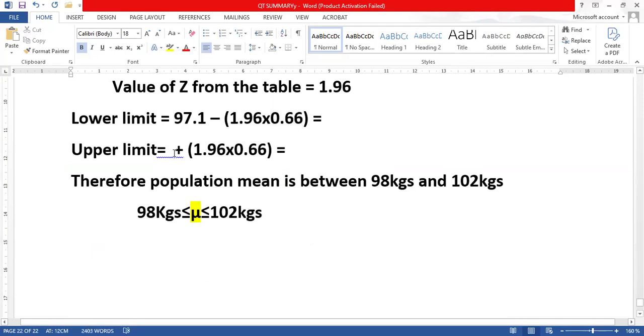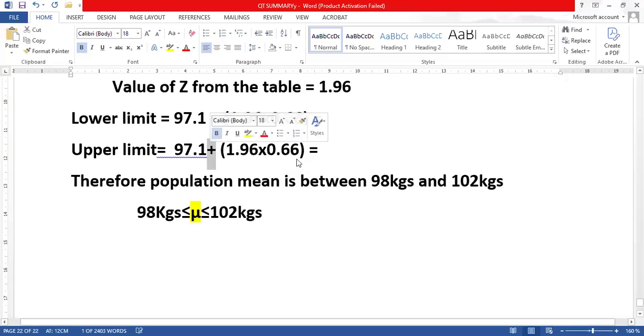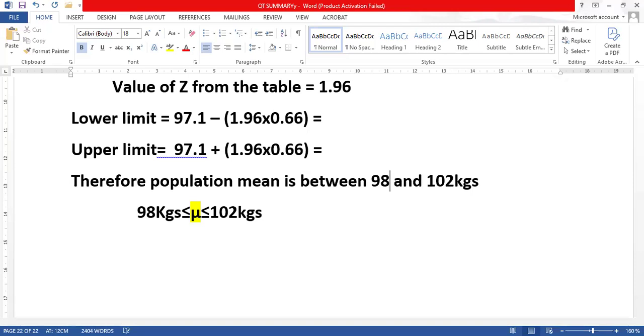Here it will be 97.1 plus, because you're looking at the upper limit. That's how you will handle this one. The figures you get are in hours, not kgs.